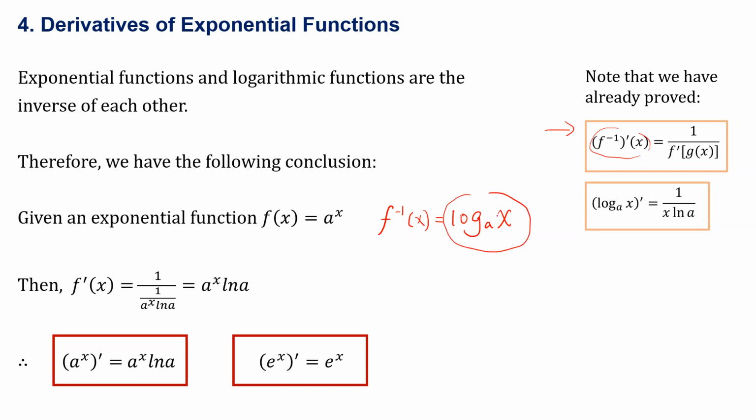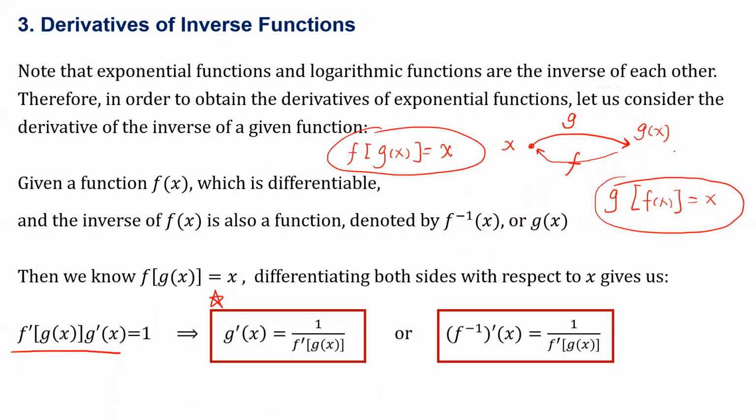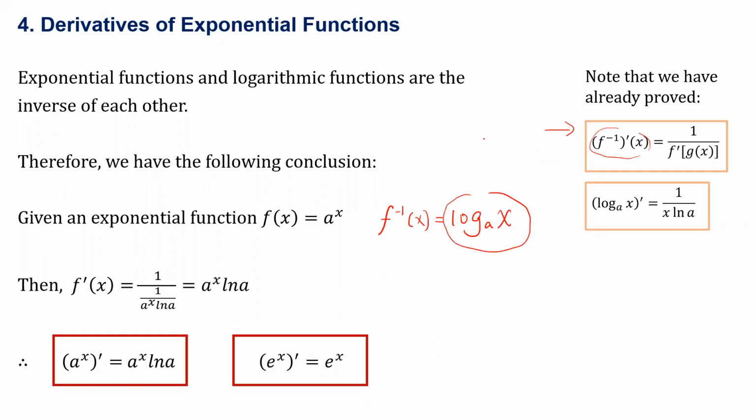And we know the derivative of this function at g(x). So what is g(x) here? g(x) is the inverse of f(x), right? So that gives us 1 divided by the reciprocal of a to the power of x times ln a. So this gives us a to the power of x times ln a, right?